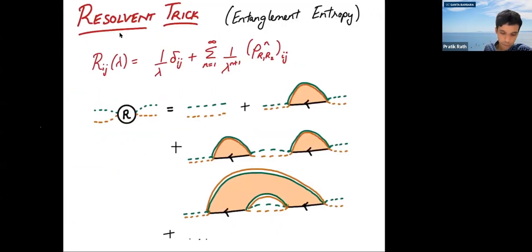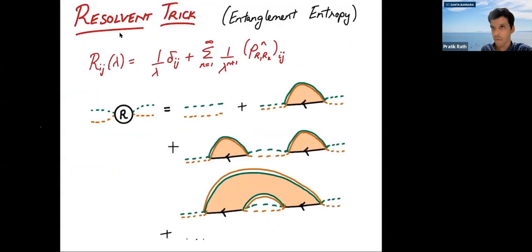This trick was described in their paper, and it's called the resolvent trick. The resolvent is basically a generating function of these rho to the n matrices with corresponding powers of 1 over lambda.